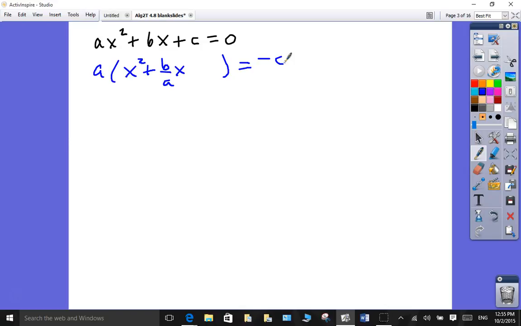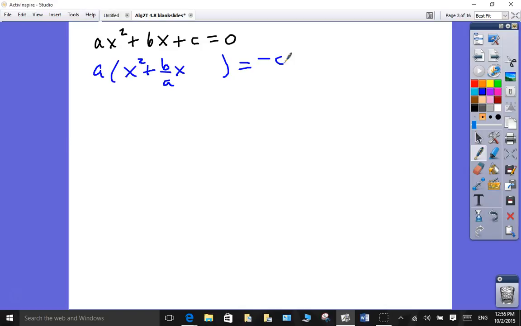Okay, now what's the process to complete the square? Now that we have a 1 in front of the x squared, what do we usually do to find the number that goes here? Half of the middle coefficient squared. Okay, well, what's half of b over a?